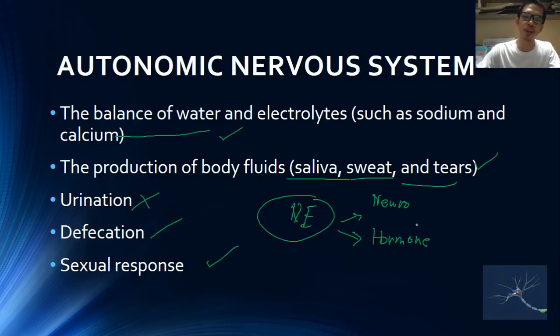It depends on what organ and what function it is needed to do on that organ. So that's the difference between the neurotransmitter and the hormone nature of norepinephrine. Alright, next one.